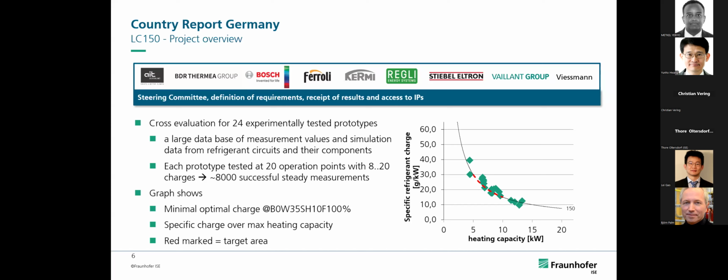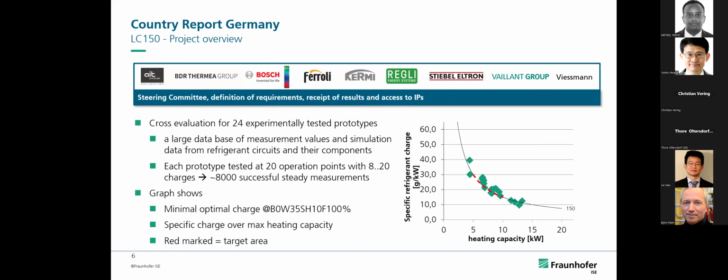Each of the prototypes was tested at 20 different operating conditions, with 8 to 20 different charges to identify the optimal charge of the system, so that with the permutation of all these 24 different prototypes and all these operating points tested, we had more than 8,000 different tested operating conditions.